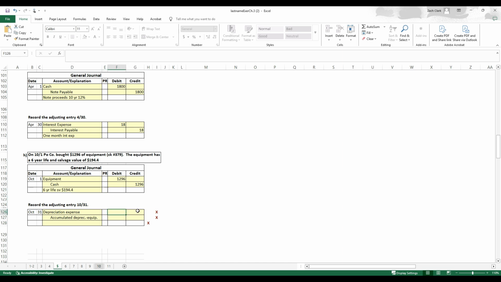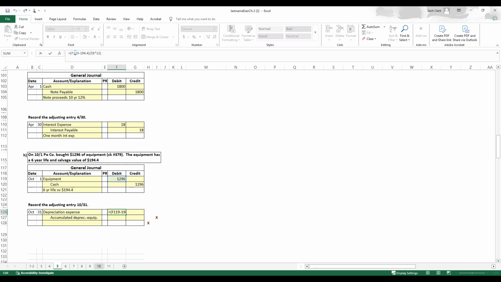Okay, and so now let's do our formula again. So remember, it's the historical cost minus the salvage value divided by the life. And again, we just want 1 month, not 1 year. So it's 6 years. So how many months is that? 72, right? It'd be 6 years times 12 months per year. So that would be 72.